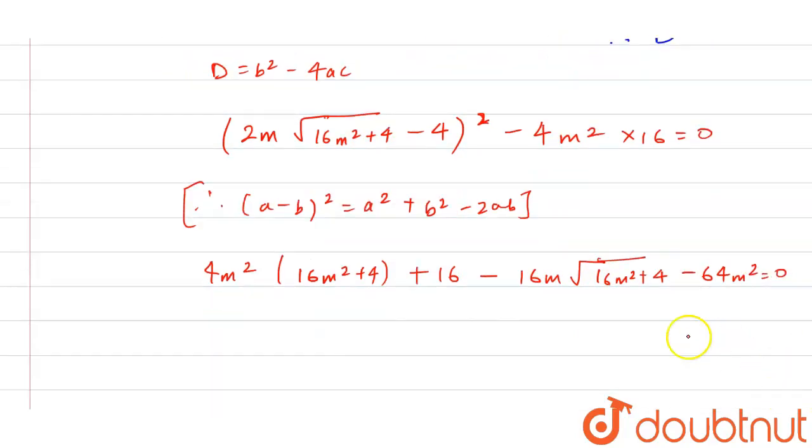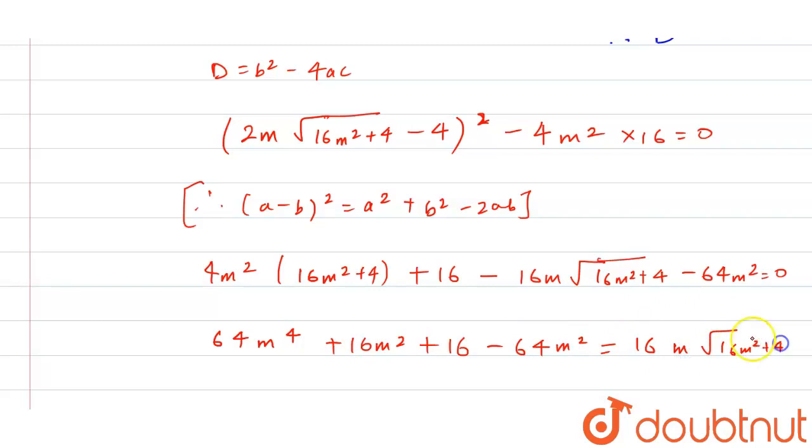We get this. So now we can write it as, if we multiply 4m square by this, we get 64m power 4 plus 16m square plus 16, and we can write it as minus 64m square, that is equal to, if we take this term to this side, 16m under root 16m square plus 4.